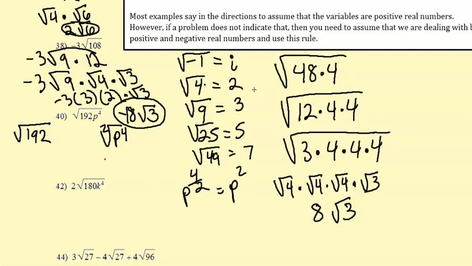So we can rewrite this as p squared. We don't have to put absolute value signs around it because anything squared that's a real number would still be positive. So our simplified form would be 8 times p squared times the square root of 3.